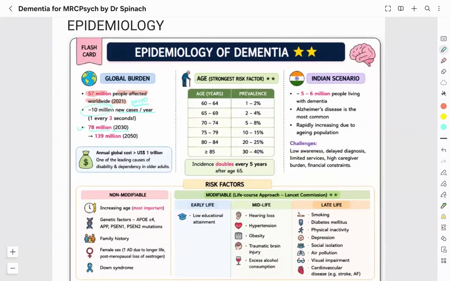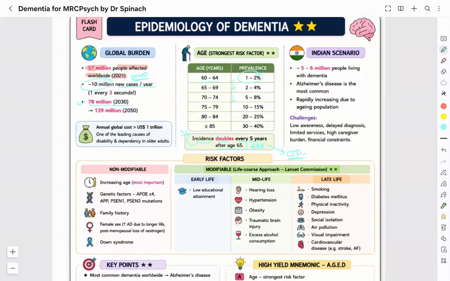And this is prevalence, and this here is important. This is directly taken from CTP. So incidence doubles every 5 years after age 65. At 60 to 64, it's only 1 to 2%, and then doubles every 5 years.